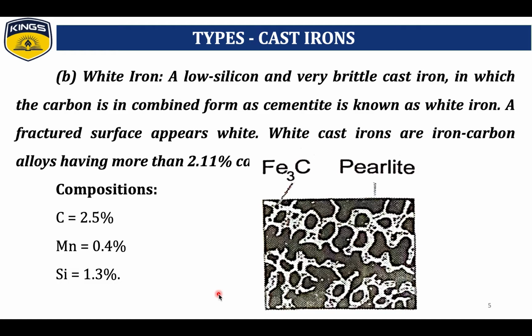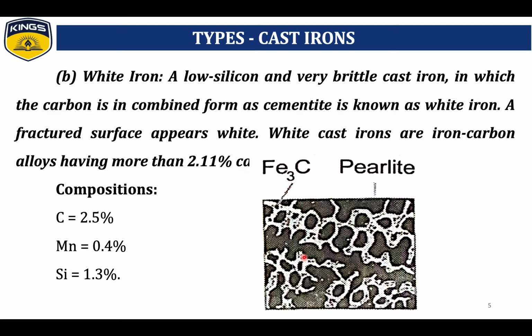Next, white iron. A low silicon and very brittle cast iron in which the carbon is in the combined form of cementite is said to be white iron. Here, a fractured surface appears white, and this color indicates why it is called white iron. This white cast iron or iron carbon alloy has more than 2.11 percentage of carbon.